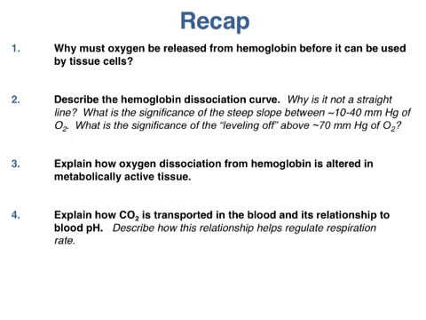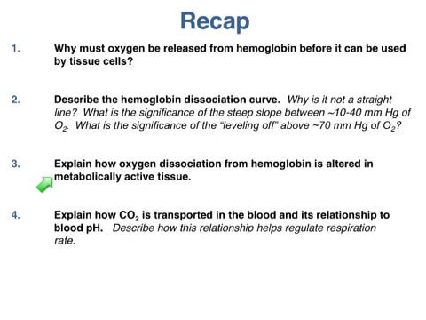Okay, there are a few things that you should be able to discuss after studying this. You should be able to answer this question: why does oxygen need to be released from hemoglobin before it can be used by tissue cells? You should be able to describe the hemoglobin dissociation curve, analyze it, and interpret changes to it.